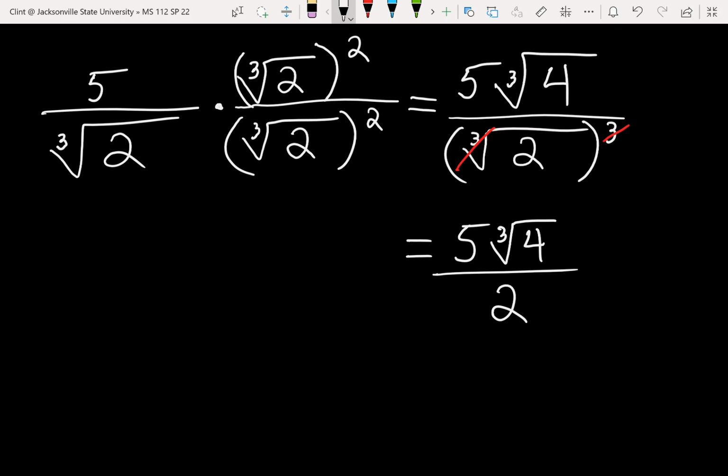So if this had been a 5th root instead of a 3rd, then we need a total of 5 of these things. So we've got 1 here, and what we could do is, if this was the 5th root, change this to a 4, so we'd end up with 5 of these things.